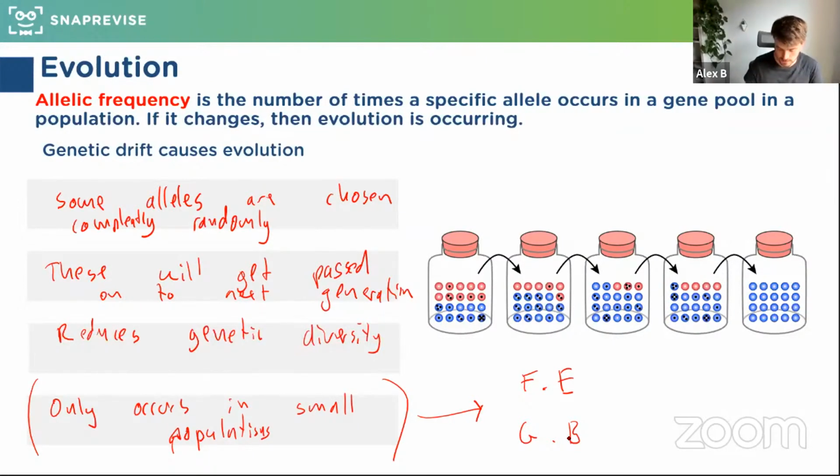So the two things are kind of interrelated. It's not really stabilizing selection or directional selection. I guess it's more like directional than stabilizing, if you had to pick one of the two.